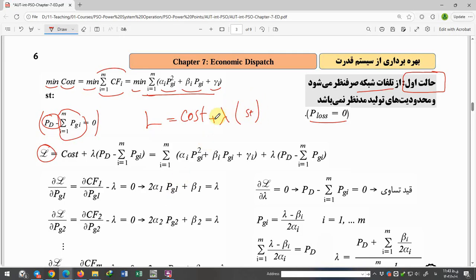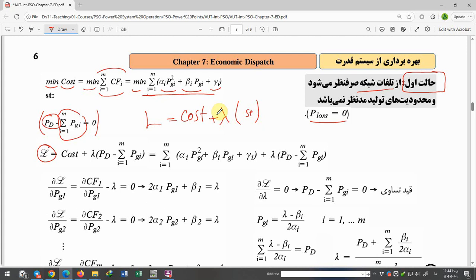The lambda is the Lagrange multiplier, a new parameter produced with the Lagrange equations.